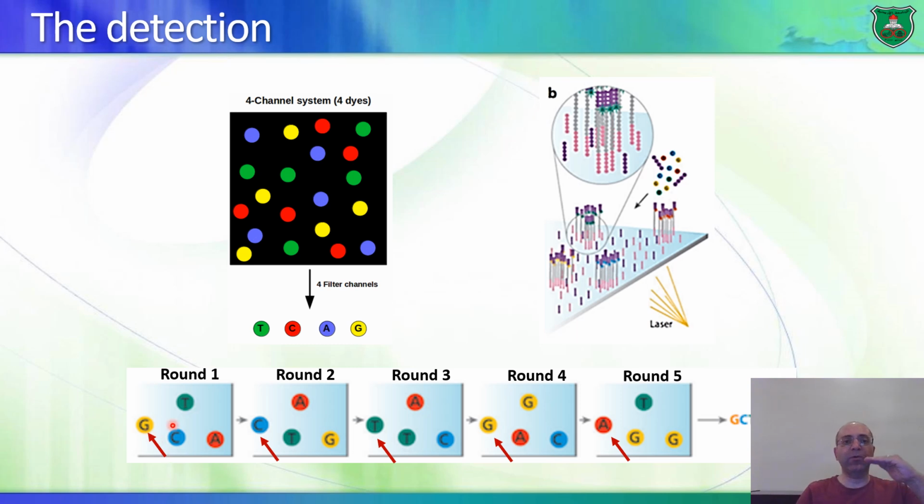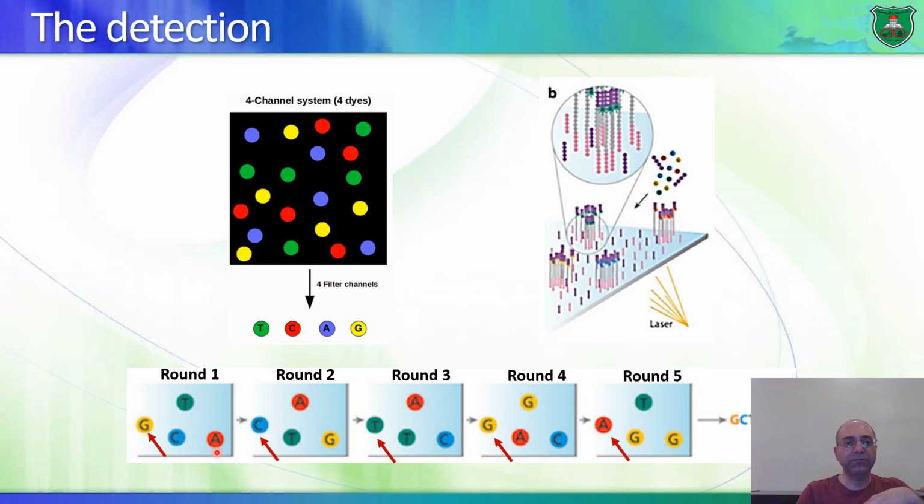And we have a camera on top, and this camera detects the color that comes out from this cluster, and the color that comes out of that cluster, and the color that comes out from this cluster, and so on. So it tells the computer, in this cluster there's a G, in this cluster there's a C, in this cluster there's a T, in this cluster there's an A.